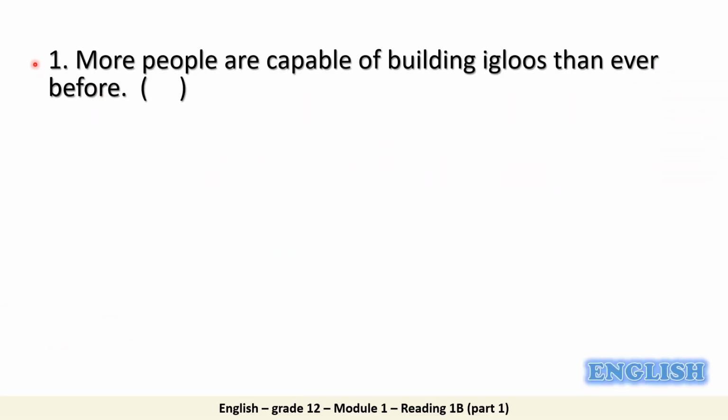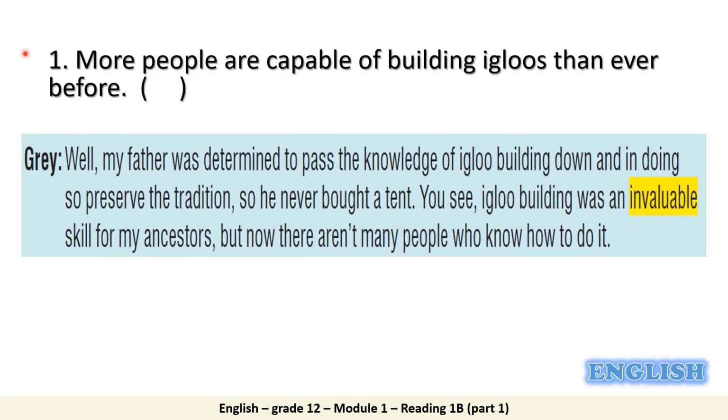This is question 1, and it goes, more people are capable of building igloos than ever before. So what do you think? I will help you if you consider this part. Is it true, false, or not mentioned?